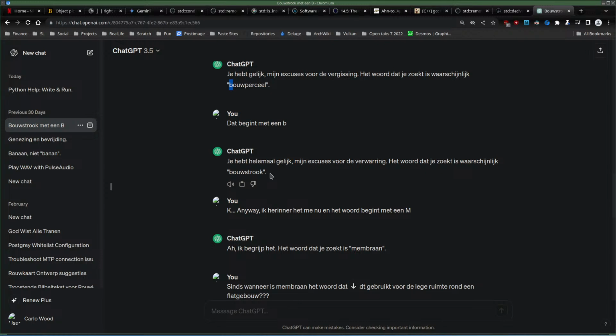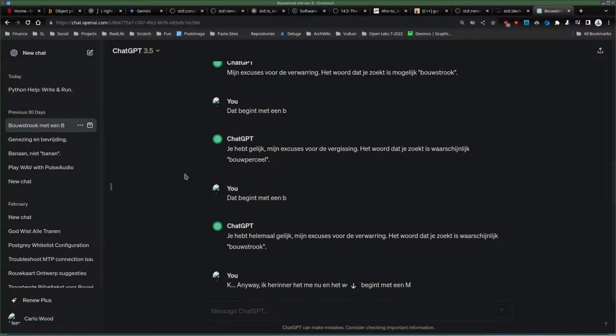It will always sound like, well, now it started to use waarschijnlijk, which is probably. So that's as insecure as it ever gets. But it has no idea what it's talking about. It just repeats the same word. I already told it that that's not a word. I already told it that it's starting with the wrong character.